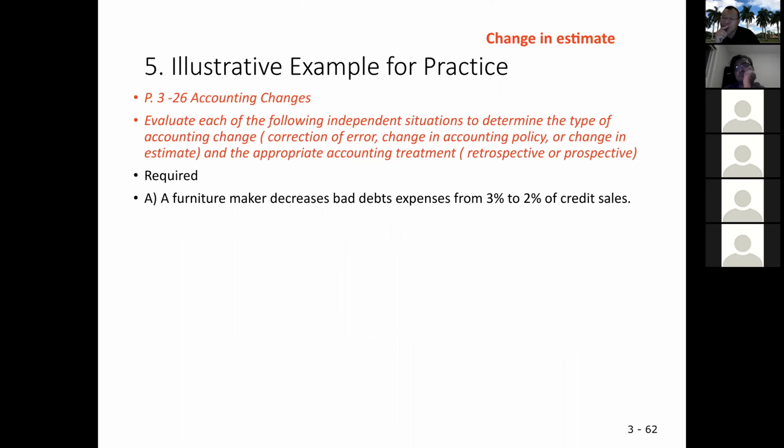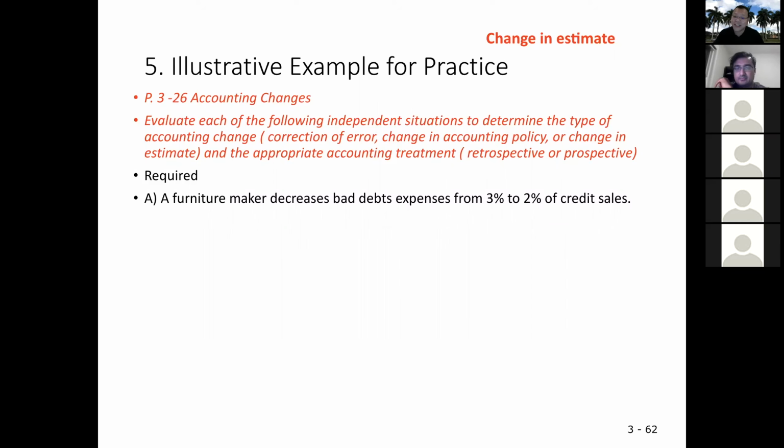What is the current year's accounting policy? 2% of credit sales, right? You are not using allowance for doubtful accounts, right? You are not using the aged AR.